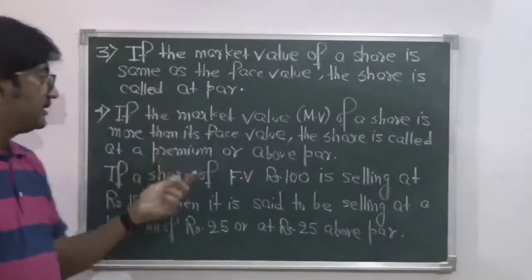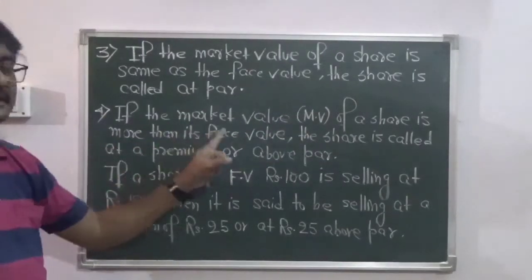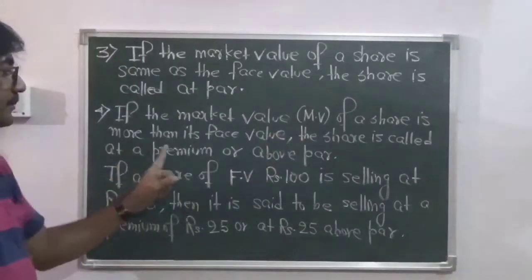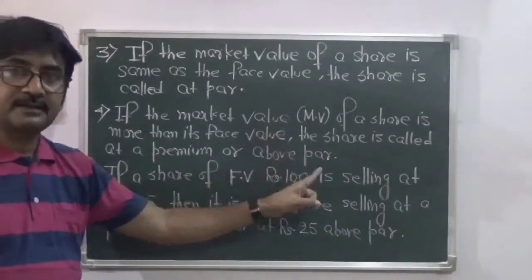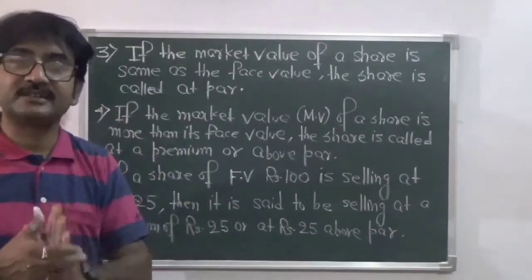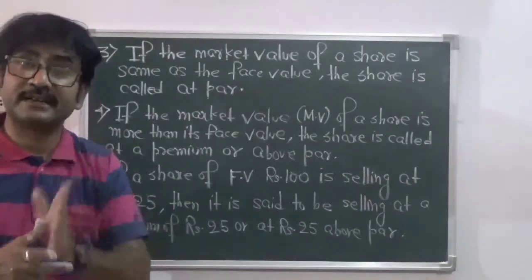Point number 4. If the market value of a share is more than its face value or nominal value, the share is called at a premium or above par. Mind it, this time the market value is more than the face value and we purchase the share at the market value.